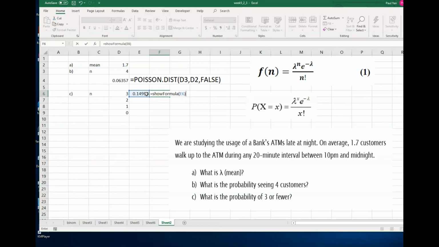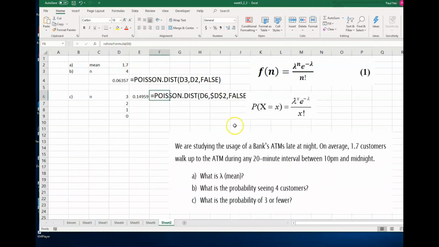I'm going to use show formula. So this is identical to the previous one. I'm going to make it bigger. And this is 14.9%. This is POISSON.DIST. The first one is our x value or n value. The second one will be the mean, and this one is false. Then we simply copy and paste.